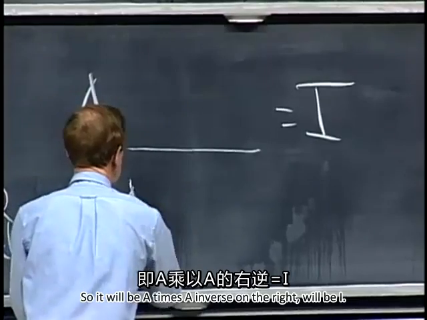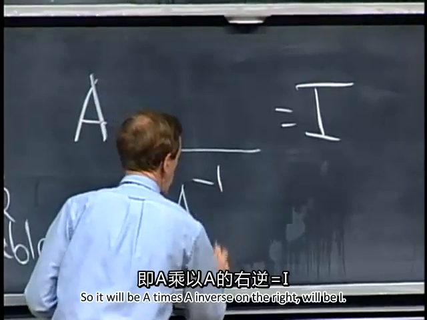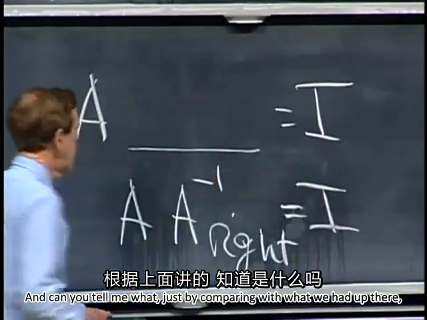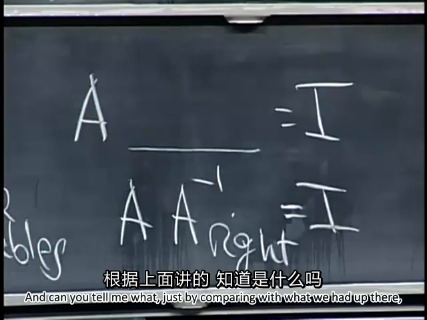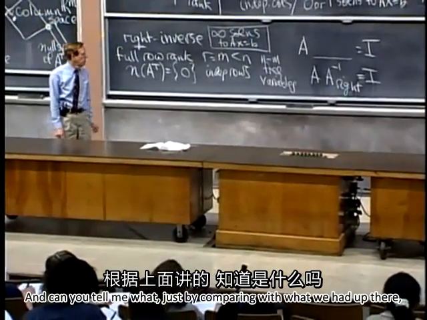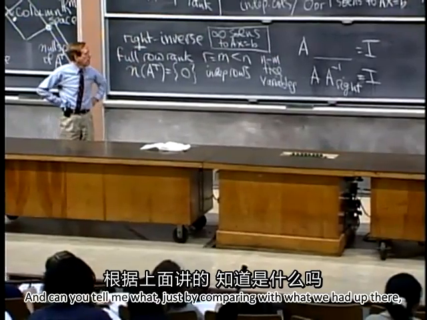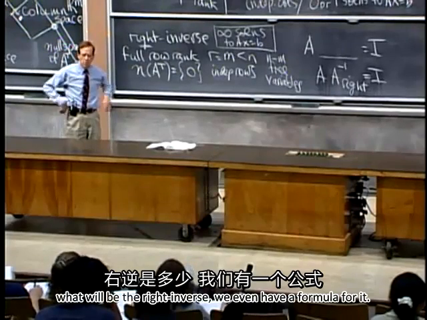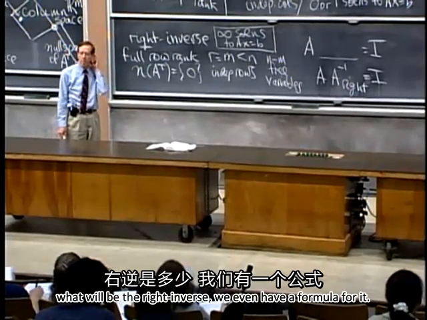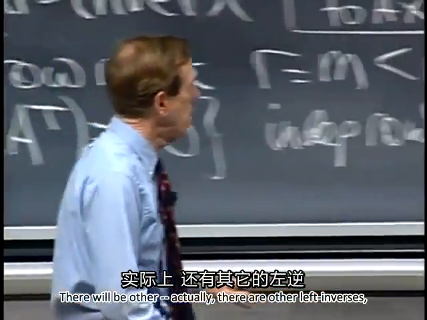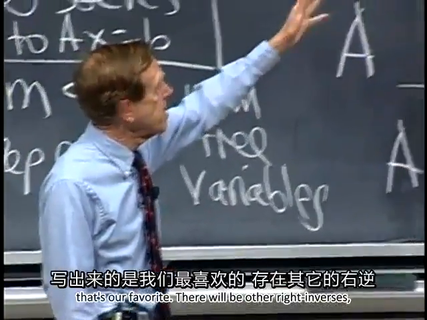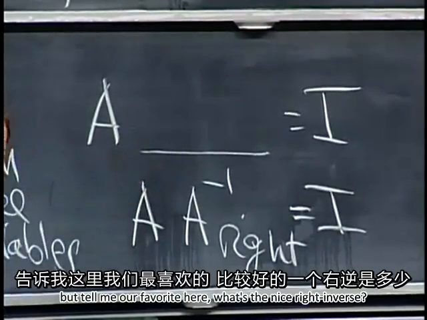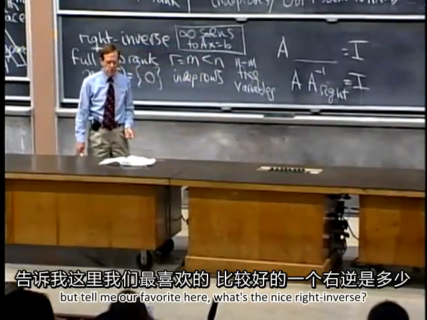So it'll be A times A inverse on the right will be I. Can you tell me, just by comparing with what we had up there, what will be the right inverse? We even have a formula for it. There are other left inverses, that's our favorite. There will be other right inverses, but tell me our favorite here. What's the nice right inverse?